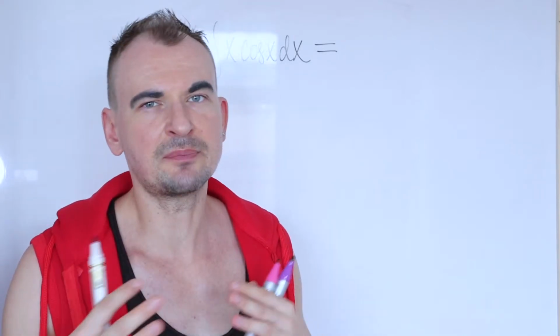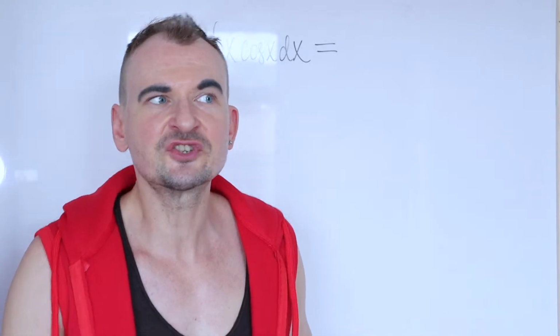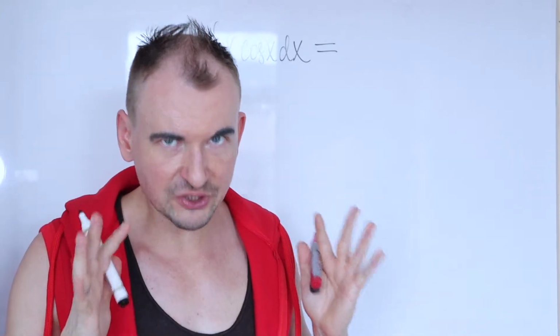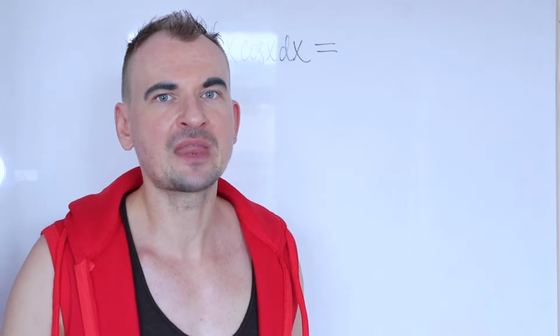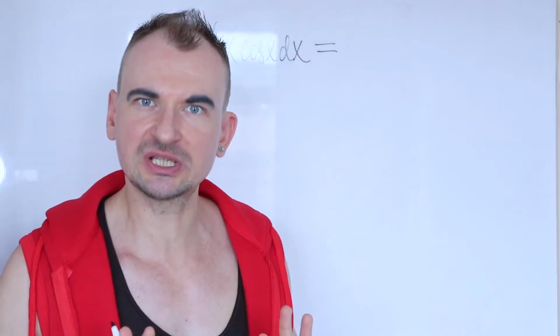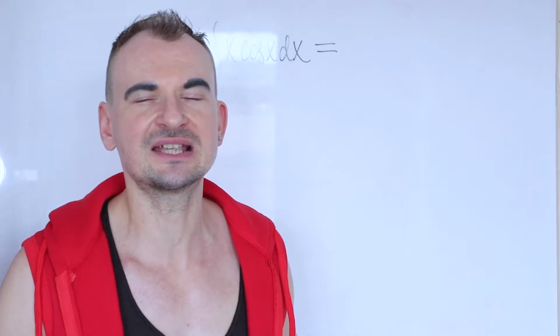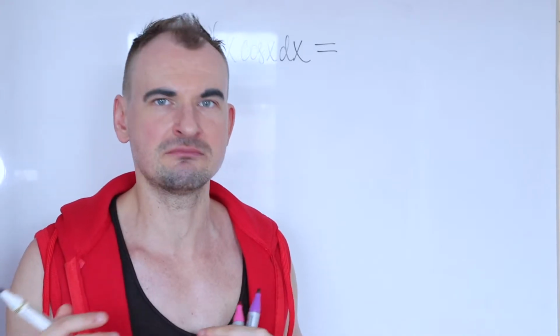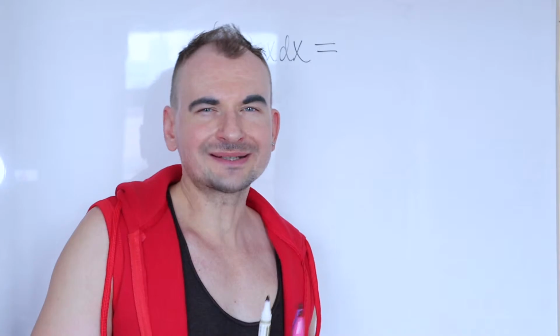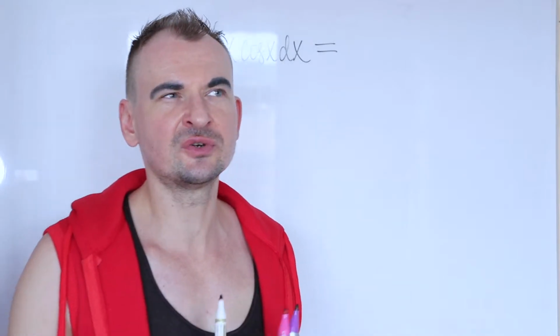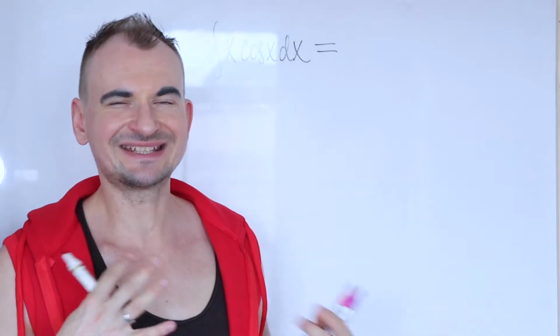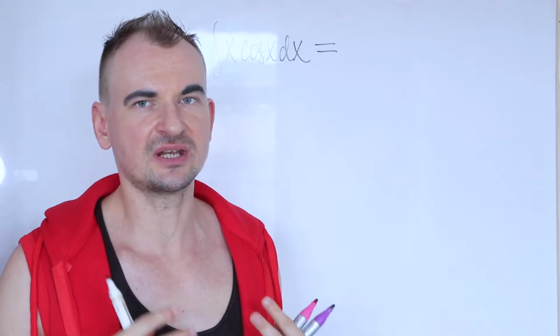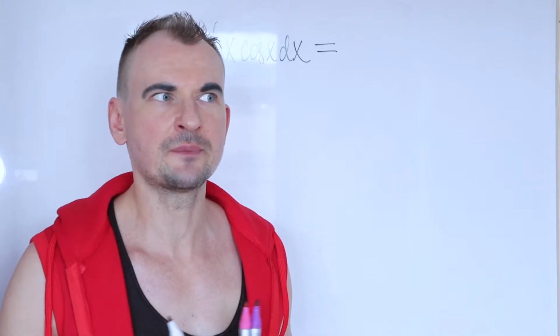Sometimes you should apply it twice or three times, and it takes a huge amount of time. Well, there is a sure way, a shortcut for integration by parts, and sometimes it's called the DI method or tabular method. So DI, D stands for derivatives and I stands for integral.